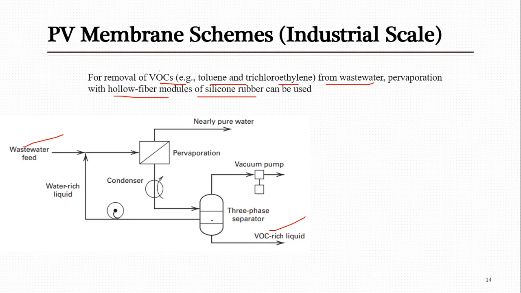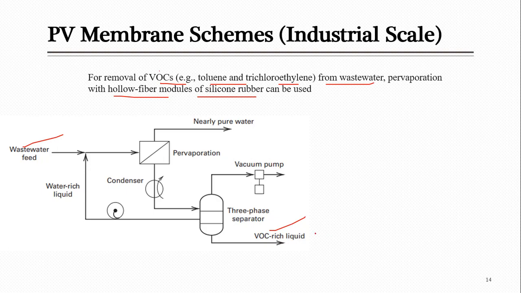So here there will be water as well as some amount of these volatile organic chemicals, so they are sent back here, in order to avoid the loss of water with the feed, to again pass through the membrane and get separated, while these organic chemicals which have been separated just get lost from here.